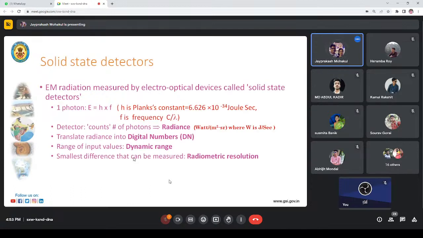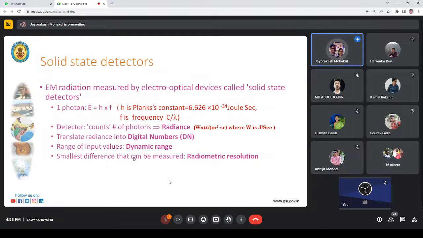Now, coming to discuss a little bit about the solid state detector, as I was telling you about charge coupled devices. The electromagnetic radiation is measured by an electro-optical device called a solid state detector.